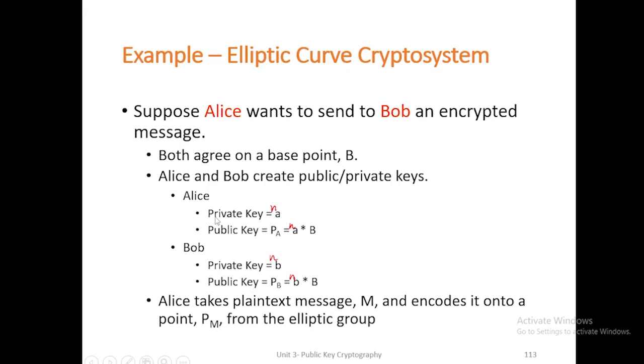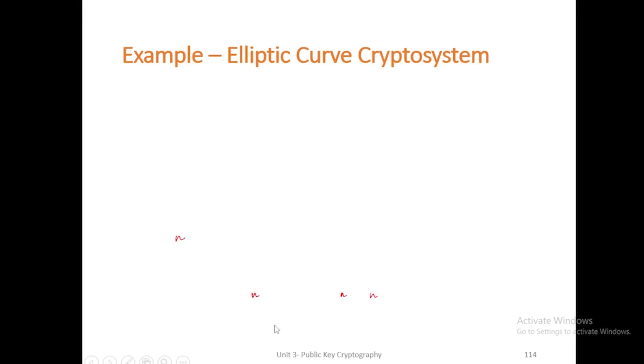In the Diffie-Hellman algorithm, we take the private key as nA and calculate the public key: PA is equal to nA times B. At the receiver side, the private key is taken as nB, so the public key PB is equal to nB times B. Then we exchange the public key values for implementing the encryption process.